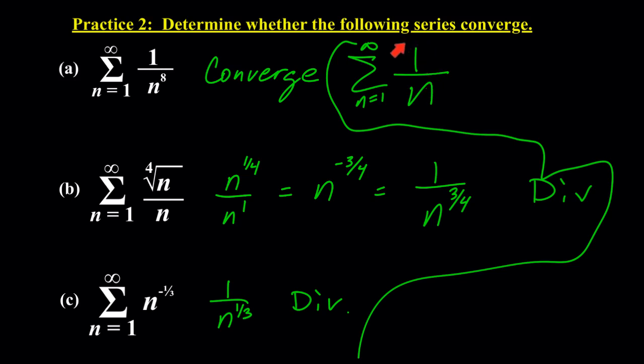This is a specific type of P-series called a harmonic series. And a harmonic series is when your p-value is 1, and that will always diverge. So in order to converge, the p-value has to be greater than 1. You do need to make sure you know this term, though. A harmonic series is when your p-value right here is 1.